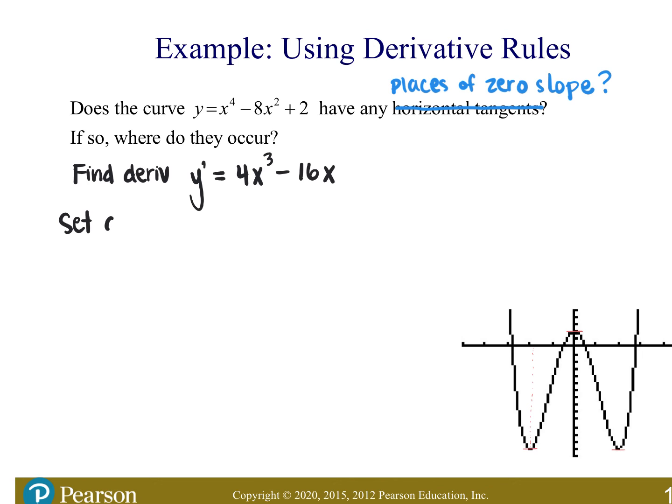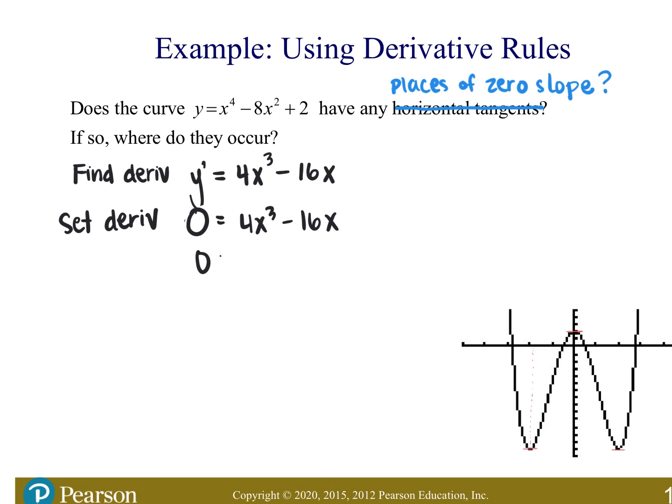Now we want to set the derivative y prime equal to 0. So I'll put my 0 here. Set 0 equal to 4x cubed minus 16x. And then we solve that mathematically. Now we're done with calculus, and it just becomes an algebra problem.